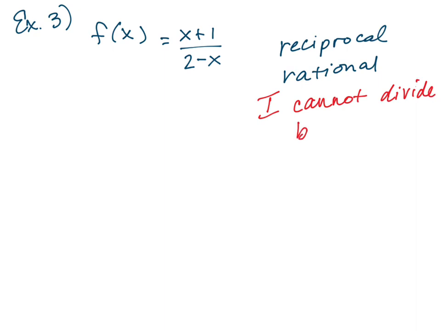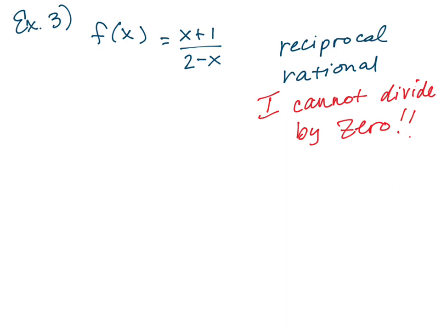Zero. I cannot divide by 0. That's the restriction. If I put 0 in the denominator and I try to divide by it, it breaks it. Undefined. So our domain is bound by that restriction.